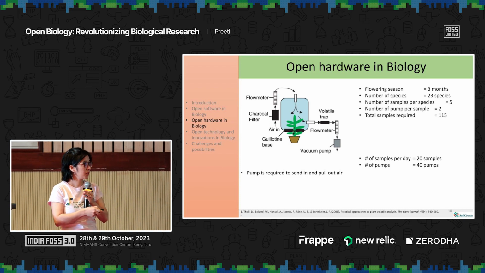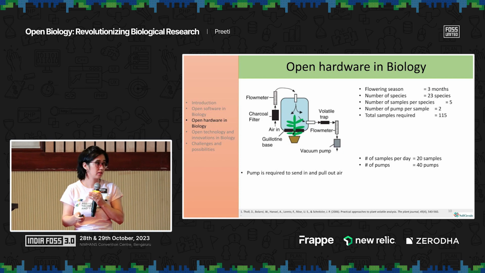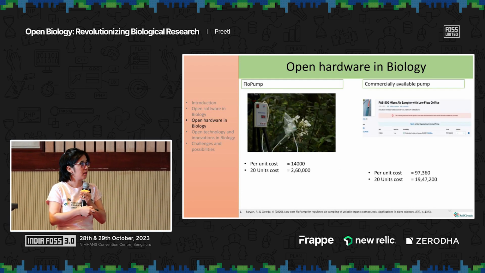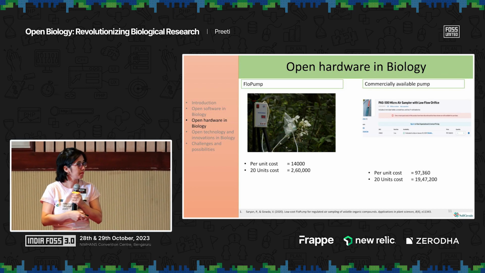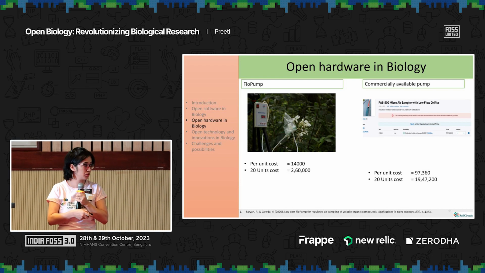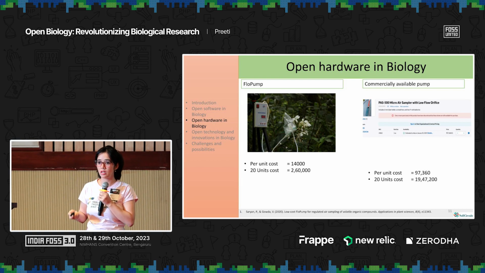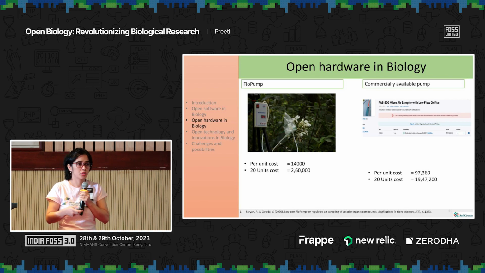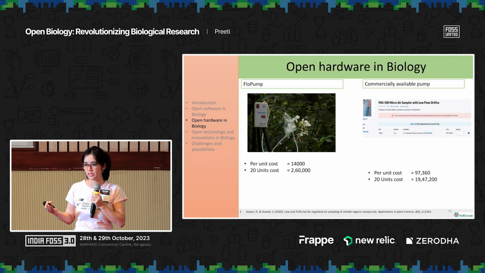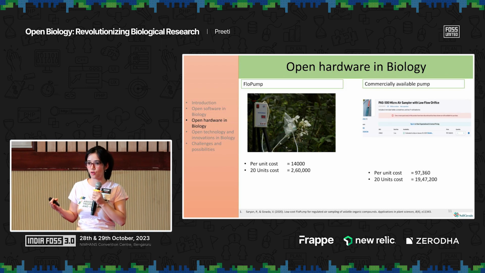Because each sample requires 2 pumps, I need roughly 40 pumps, right? The commercially available pump, when we inquired, costs roughly 97,000 rupees. If I need 20 units, it would cost me around 20 lakhs, right? And what I need is 40 units, which is close to 40 lakhs.